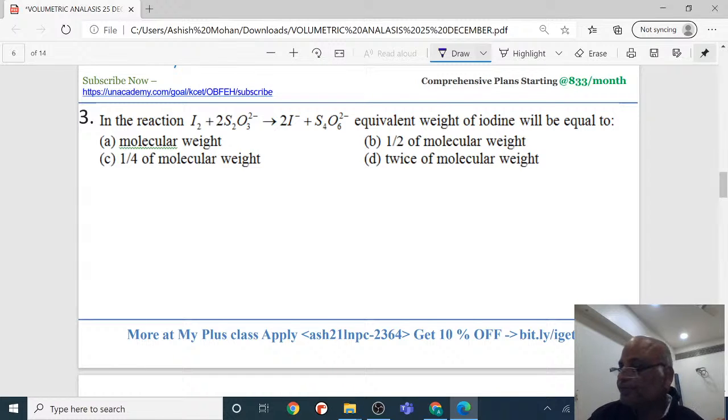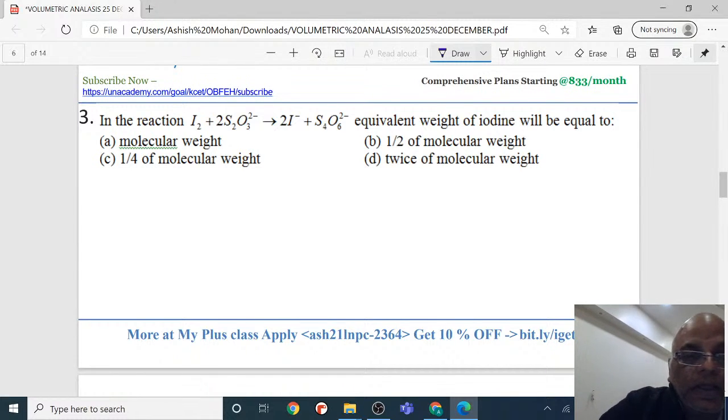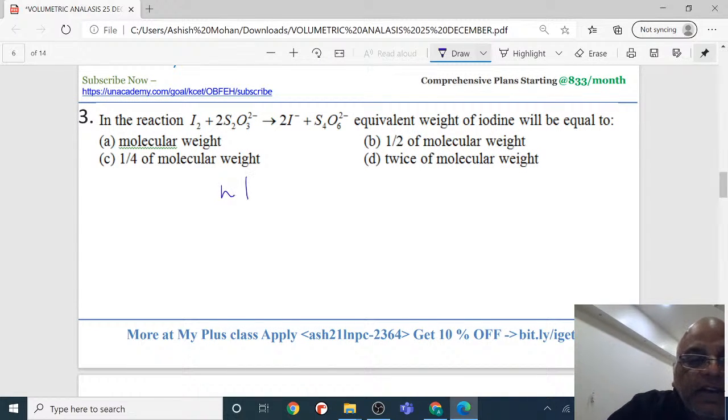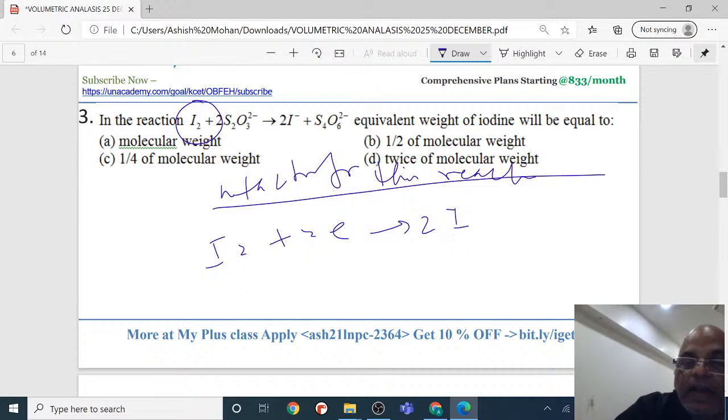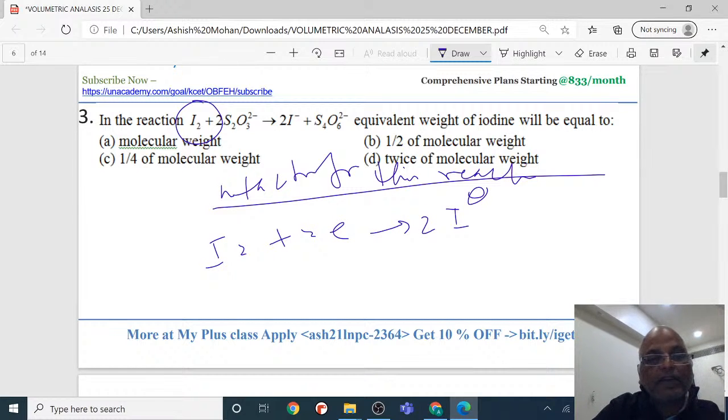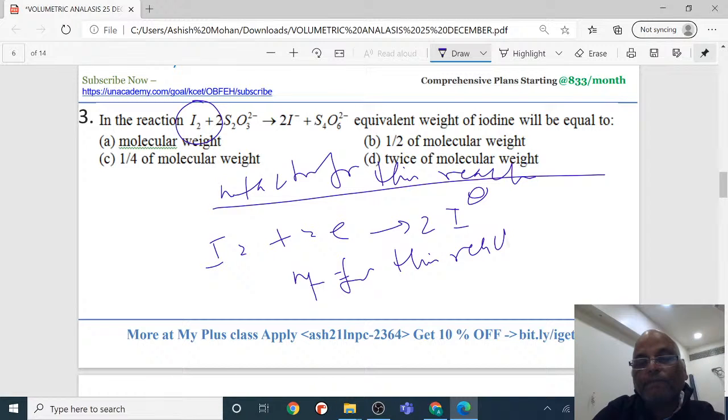What will be the answer? Here we will find out the n factor for this reaction. If you look here, I2 accepts 2 electrons and gives you 2 I minus. Therefore, the n factor for this reaction is 2.